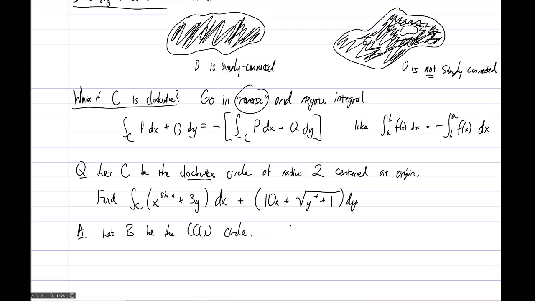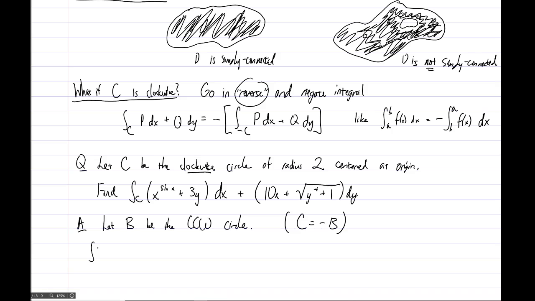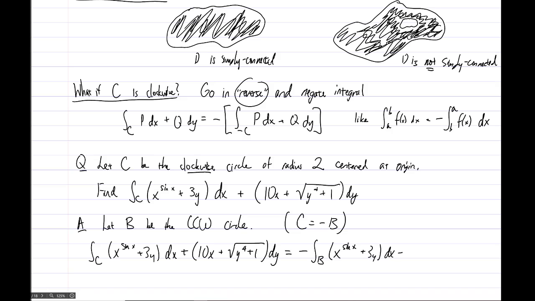So following our informal notation earlier, capital C equals negative B, you could write capital B equals negative capital C. And then the integral that we were asked to compute over C of x to the sine x plus 3y dx plus quantity 10x plus root y to the fourth plus 1 dy is equal to negative the integral over B of x to the sine x plus 3y dx plus quantity 10x plus root y to the fourth plus 1 dy.